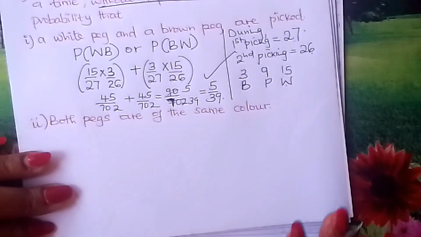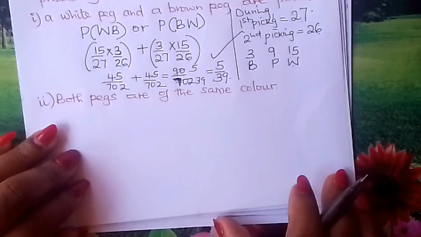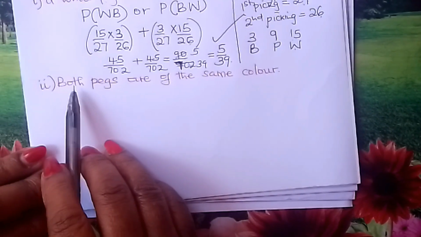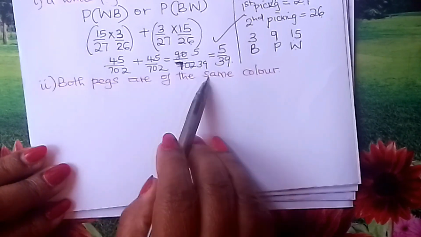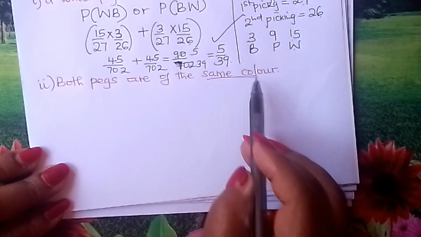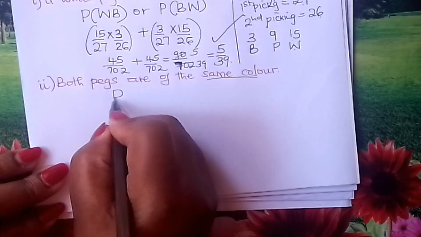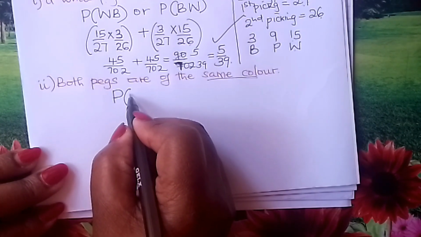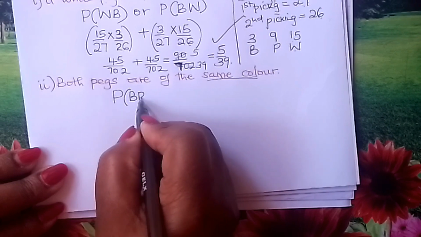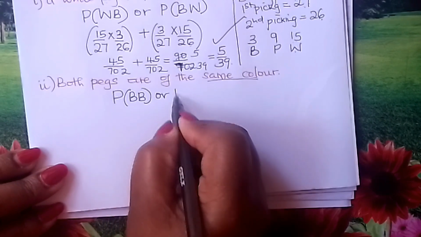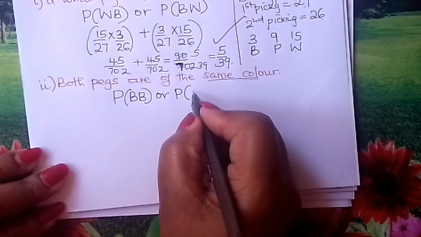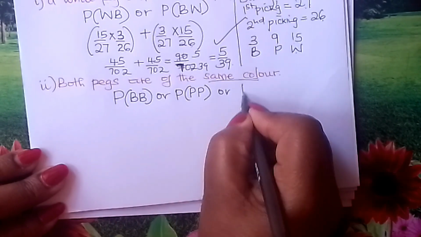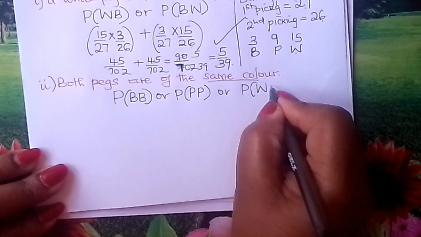There we are, learners. We go to Roman 2. What is the probability that both pegs are of the same color? So we are talking about the probability of the two pegs being brown, or the probability that the two are pink, or the probability that the two are white.